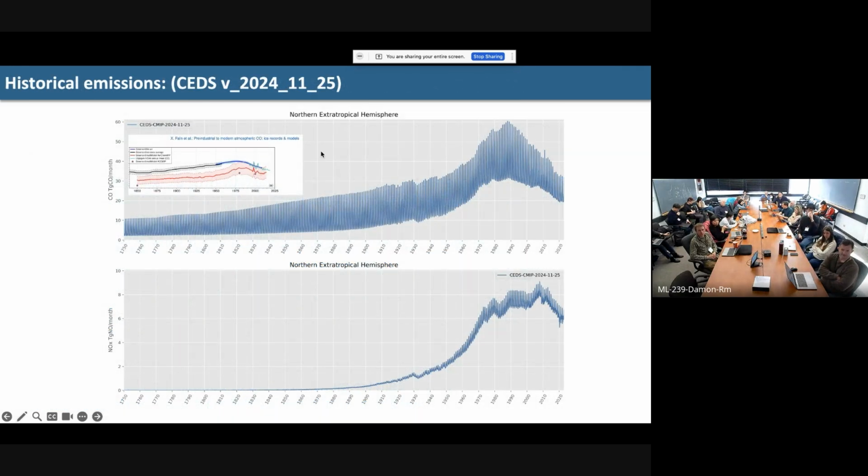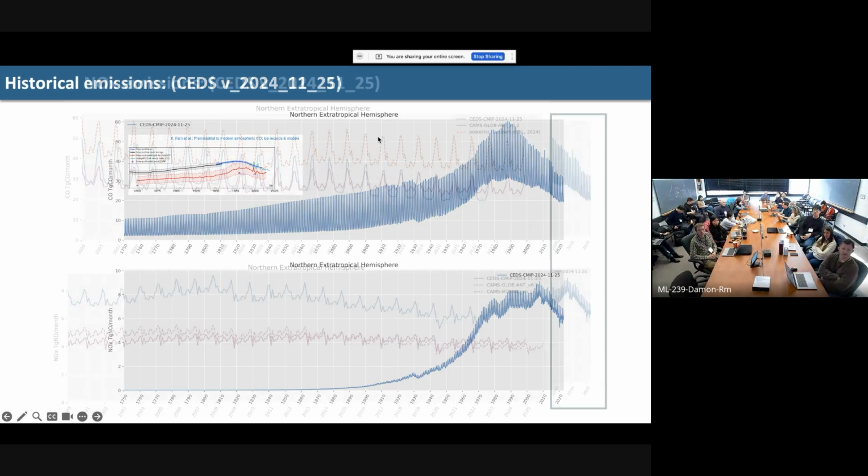So here are the results. You can see the time series of emissions in the northern extratropical hemisphere for CO and NOx, with that increase all the way to the 80s and 90s. And so it looks reasonable and in line with the previous CMIP6 study.